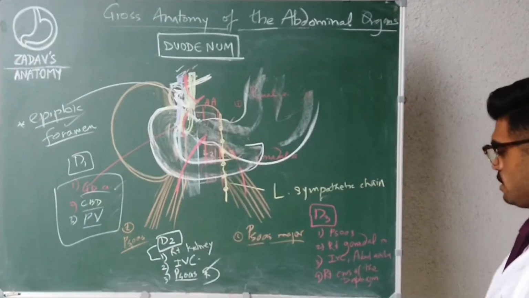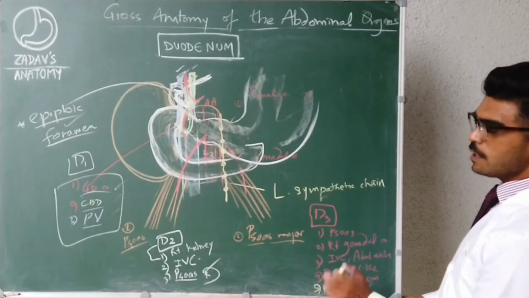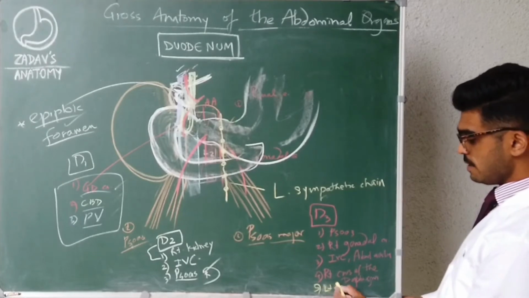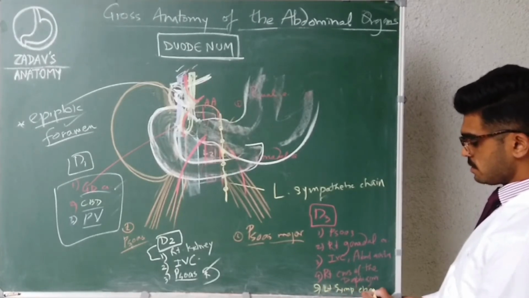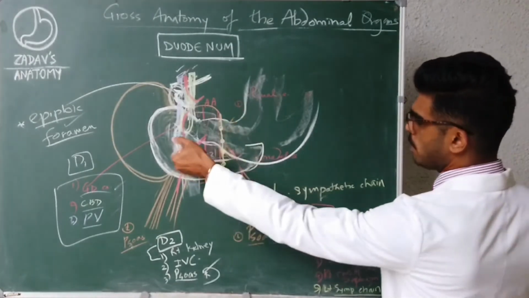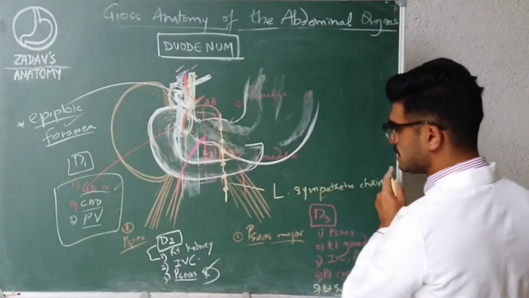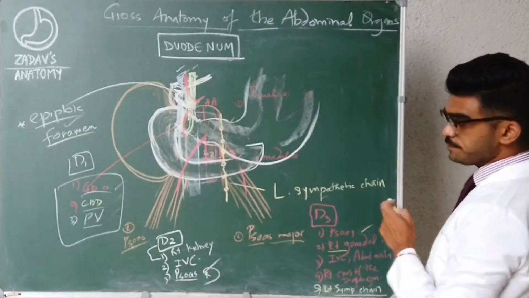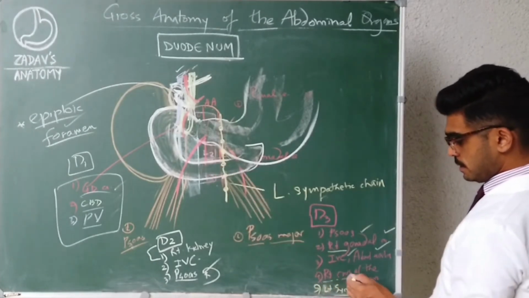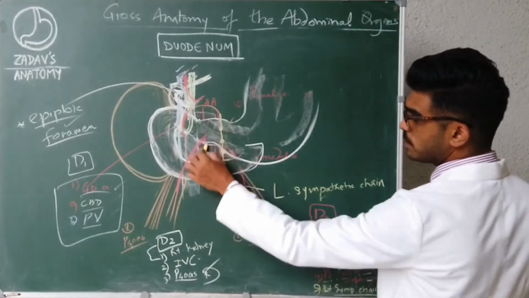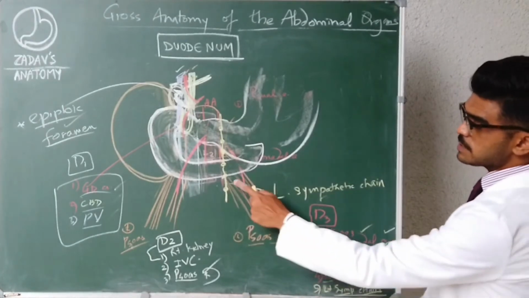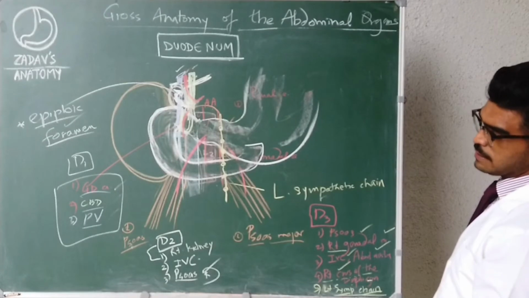And finally, do not forget this little beaded thing that I drew before. What's that? That is the left sympathetic chain. So here are the relations of the third part of the duodenum, starting from right to left: the right psoas major, the right gonadal artery, the inferior vena cava and the abdominal aorta, the right crus of the diaphragm, which will be somewhere over here between both of these, and the left sympathetic chain.